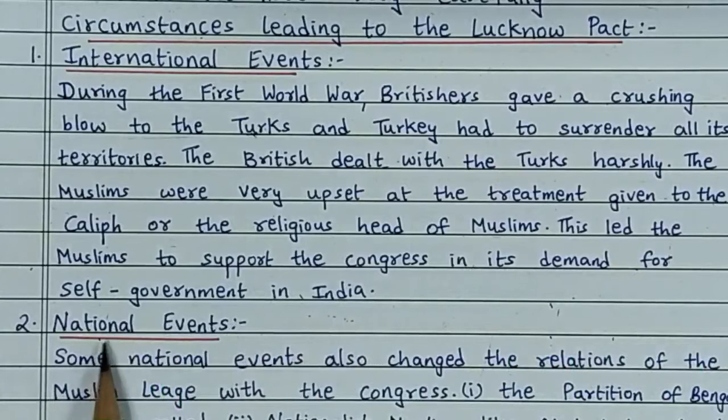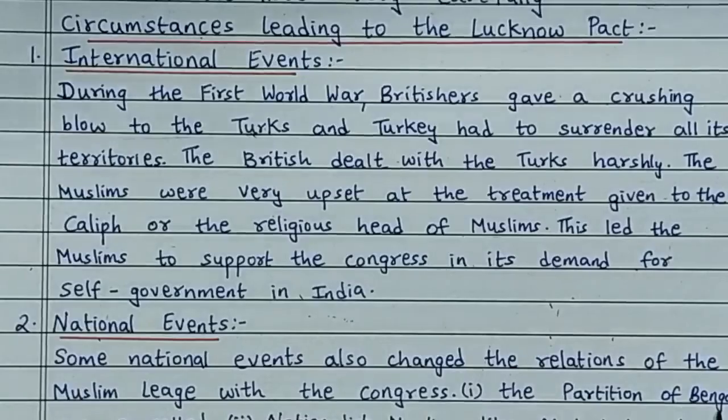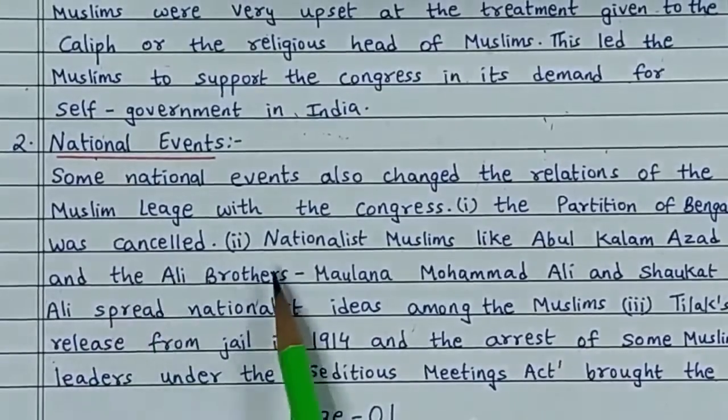This led the Muslims to support the Congress in its demand for self-government in India. Second, national events. Some national events also changed the relations of the Muslim League with the Congress. Number 1, the partition of Bengal was cancelled.